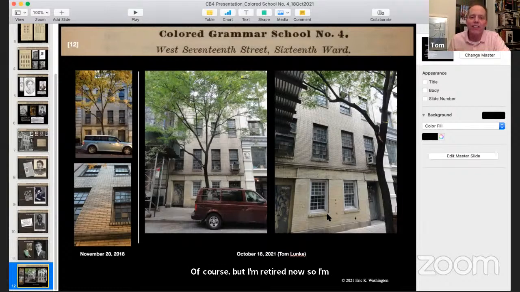I'm here in Chelsea, and I wholeheartedly support Eric's efforts in this. He does excellent scholarship in his research, and I didn't even know about this building.